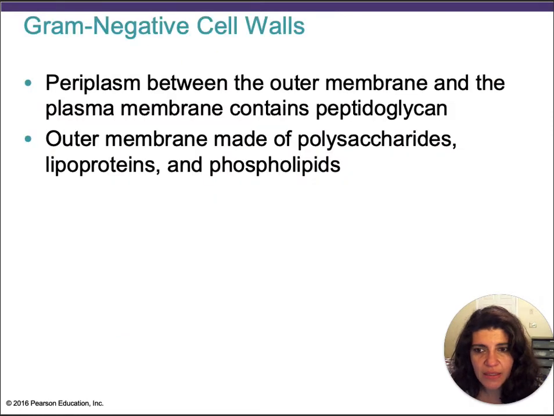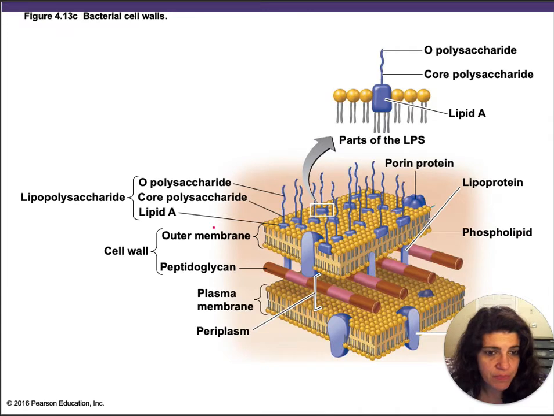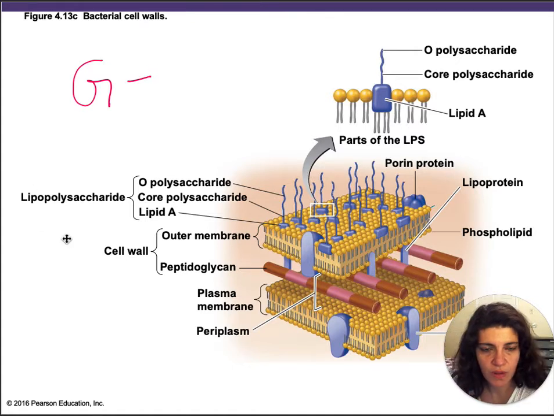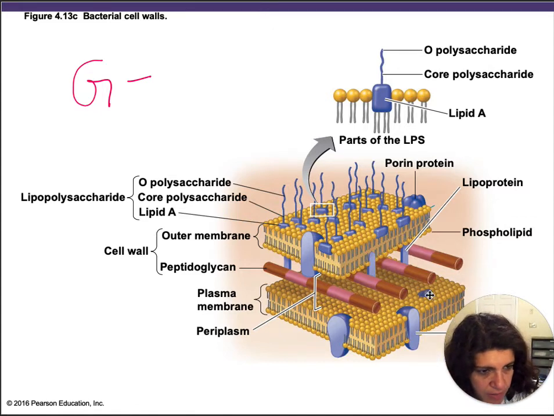Now let's compare that to the gram-negative cell wall. If you look at this one, you have the same plasma membrane, and one layer, not multiple layers, of peptidoglycan.